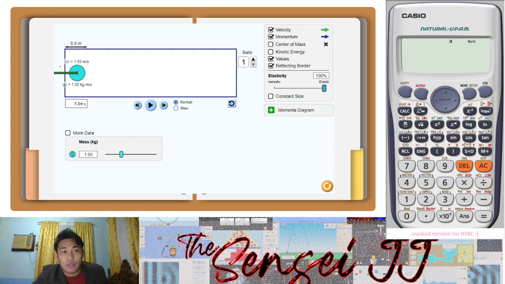So we have here our velocity, which is 1 meter per second, and we have a mass of 1 kilogram. And so multiplying those two, we will be having a momentum of 1 kilogram meter per second. So that is how momentum works.